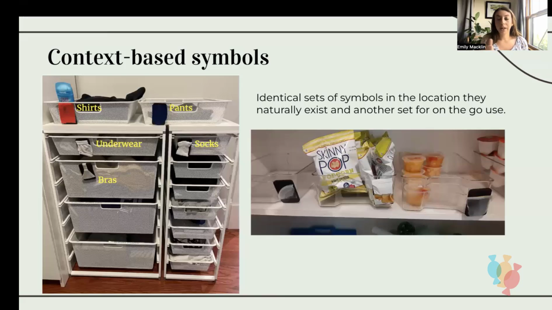But there also is an identical set, so when she's in the grocery store, we can have a tangible shopping list for her. She can request at snack time. We don't want to take away the symbols from their natural location because that's such functional, meaningful language labeling. So there will be two sets of everything.